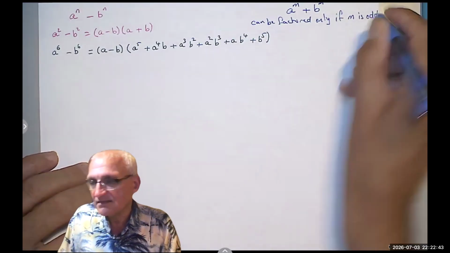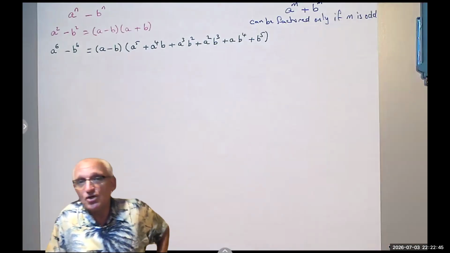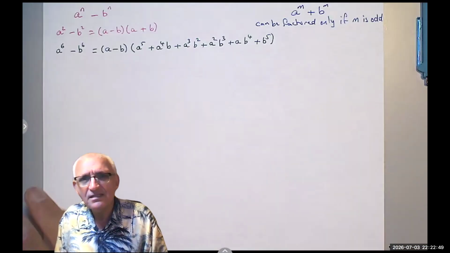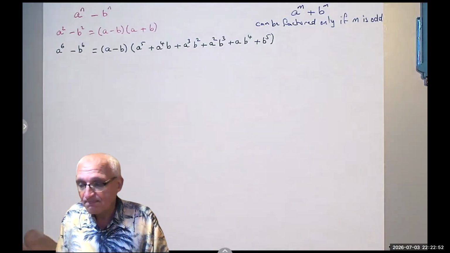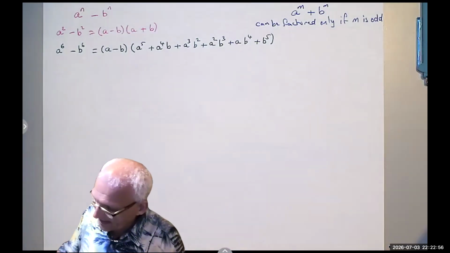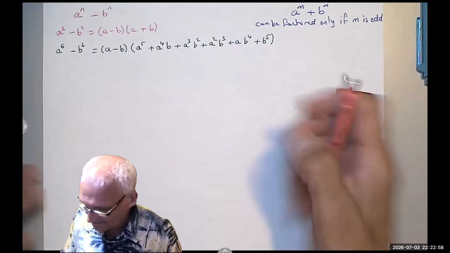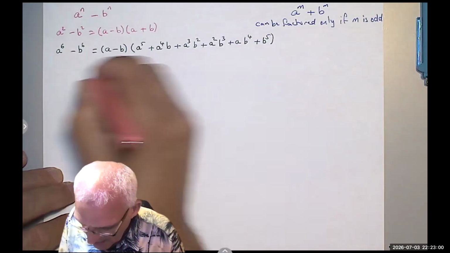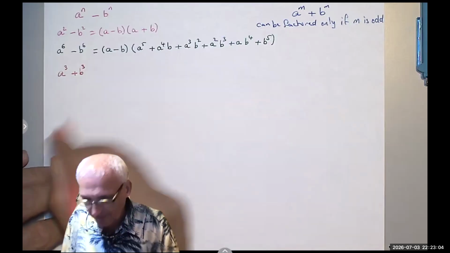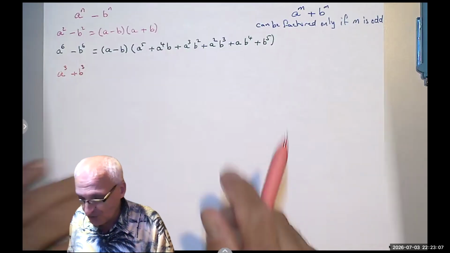If it's even, then you can factor it, but you will have to use complex numbers. What do you mean? Well, let's pick one that you may already encounter. A cubed plus b cubed. 3 is an odd number, so I can do it.